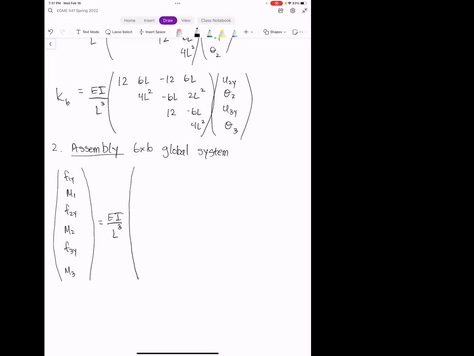And we're going to multiply this by our matrix here. It's going to be U1y, theta 1, U2y, theta 2, U3y, theta 3. Of course, this is U1y, theta 1, U2y, theta 2, U3y, theta 3.